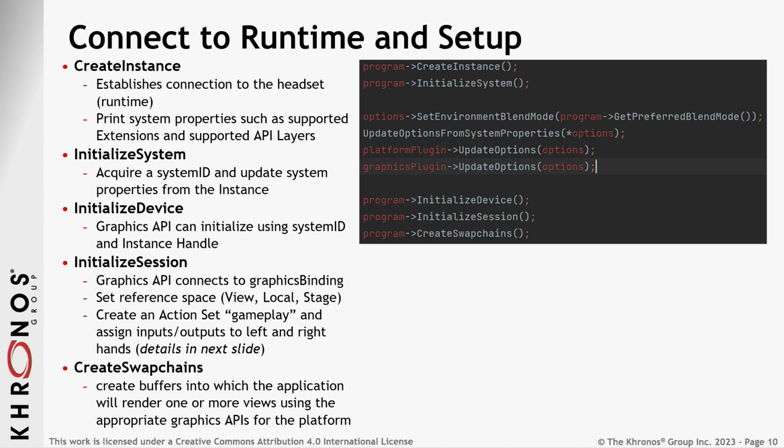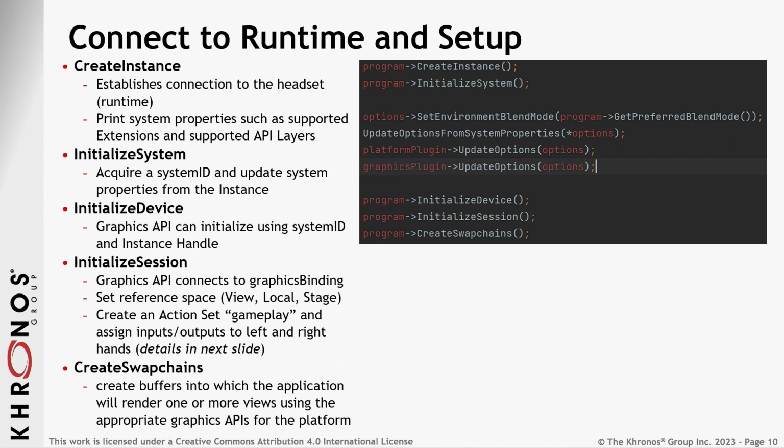You'll then initialize the system, and then you'll want to initialize the device. So the graphics API needs the system ID and the instance handle from initialize the system to be able to do the graphics API. These details are kind of just automatic.